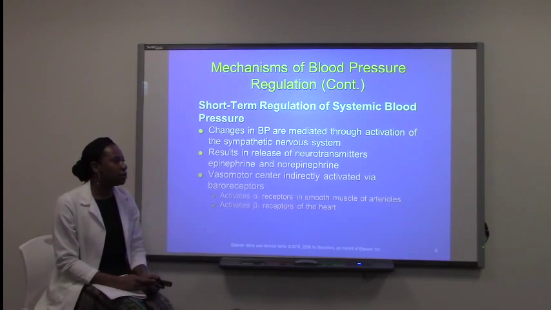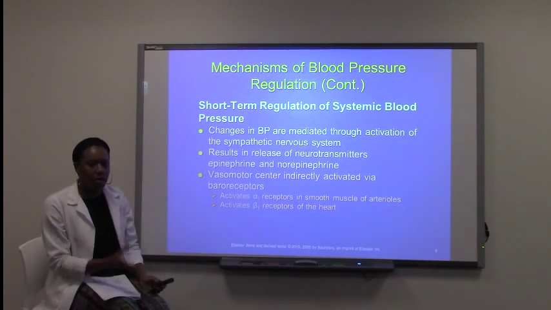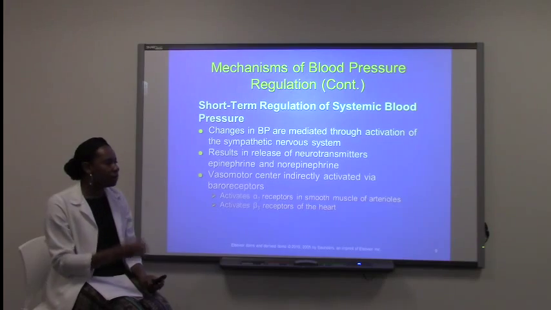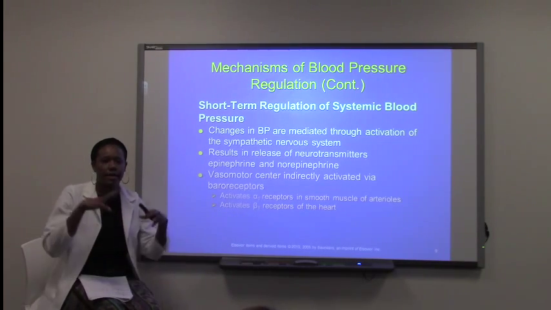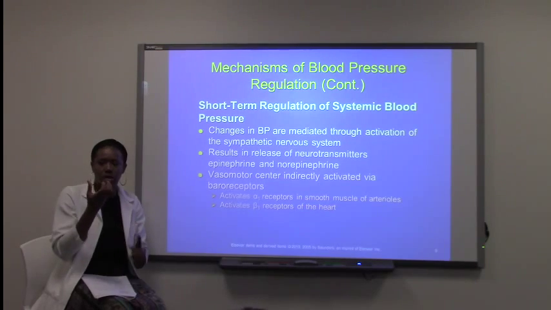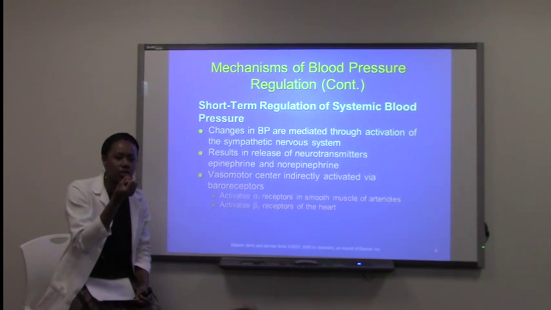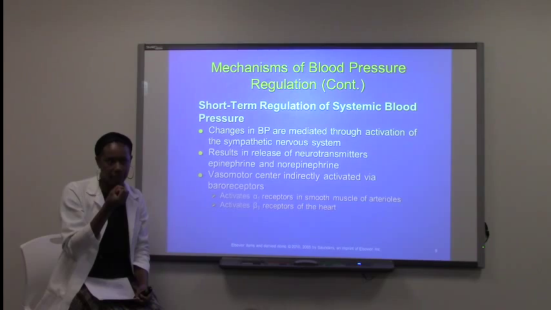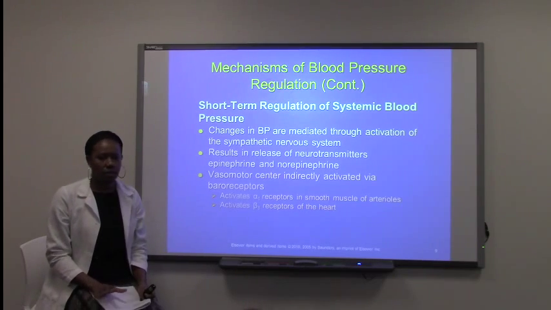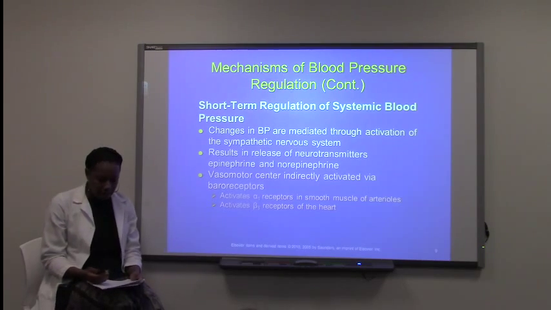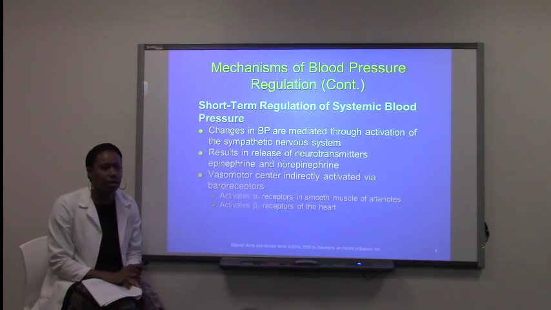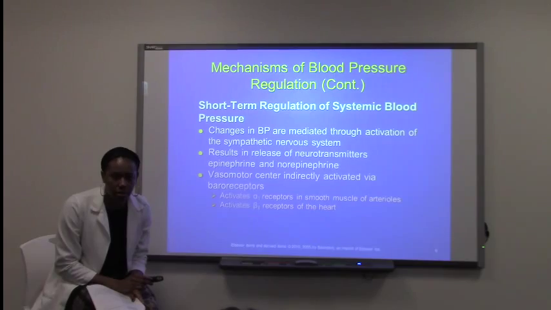Alpha receptors will act on the smooth muscle by contracting them, whereas the beta receptors will act on the heart to contract the heart and now increase that blood pressure. So keep in mind we need contraction to raise blood pressure. Is everybody with me?